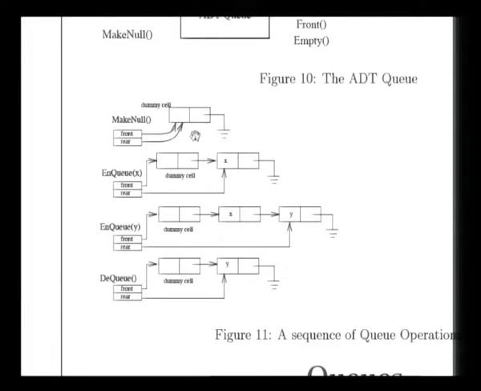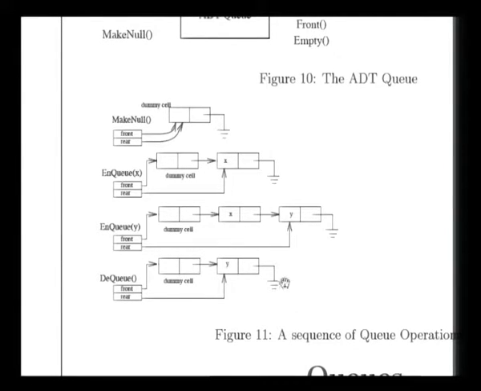But what is nice is, because I have created a dummy cell, there is always one element where both the front and rear are pointing to. It is not pointing to nowhere. So, when I am enqueuing, I am inserting X over here. Now front is pointing to the dummy cell, rear is pointing to the element.